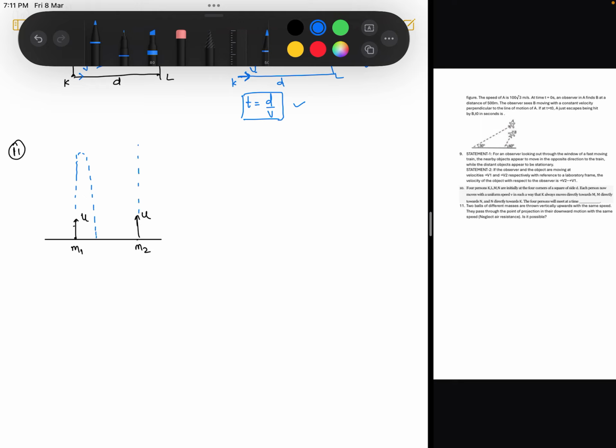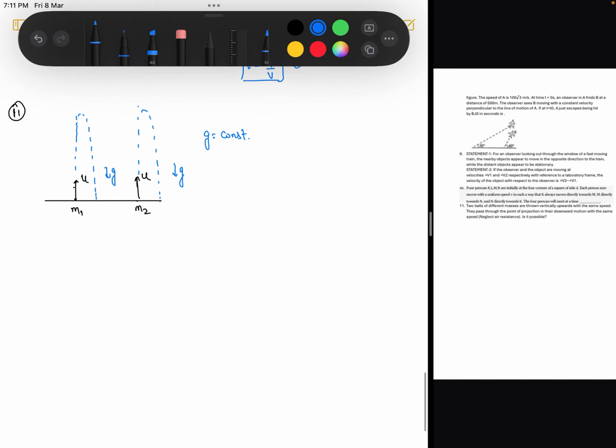If I take g as constant, the acceleration of both the particles m1 and m2 will be in the downward direction, equal to g. Here the velocity will be v equal to 0, and here will be some velocity.